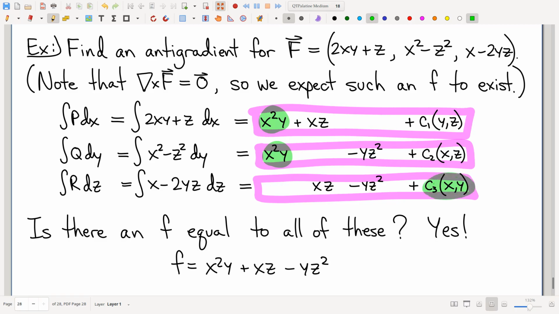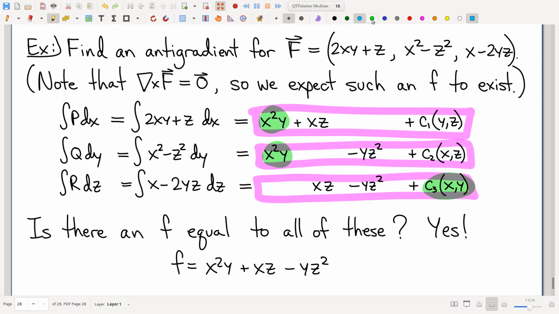And keep in mind, these partial constants can be anything, as long as they depend only on the variables that they're allowed to depend on. This just needs to be anything whose z partial is 0. So it can be any function of x and y, and it could be x squared y. So we do not have the ability to reject this as a loser just yet. We still might win this thing.